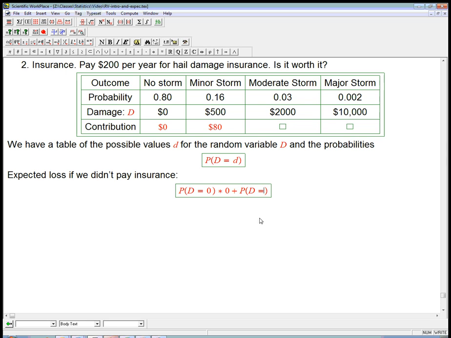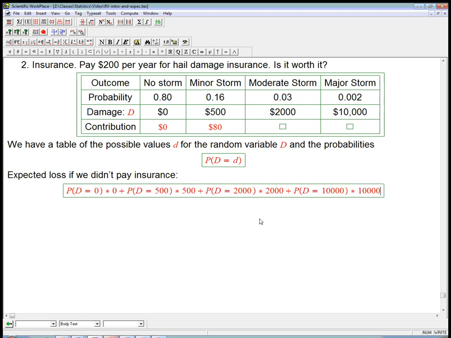So that's, in terms of the notation, the probability that the damage is 500 times 500, plus the probability that the damage is equal to 2,000 times 2,000, plus the probability that the damage is 10,000 times the 10,000. Alrighty, so that's going to be 0.80 times 0 plus 0.16 times 500.